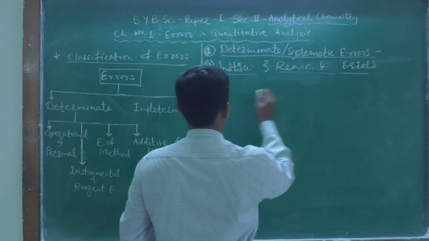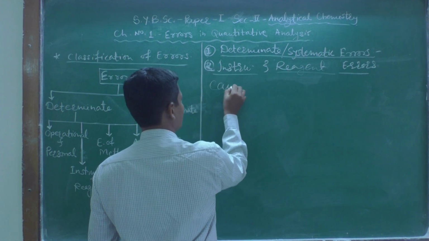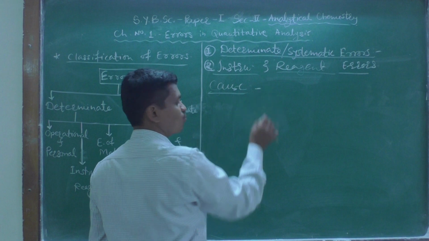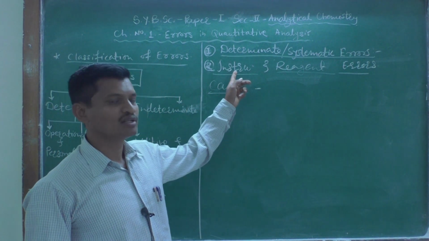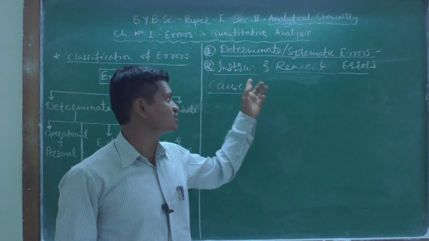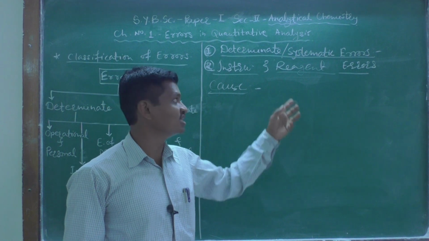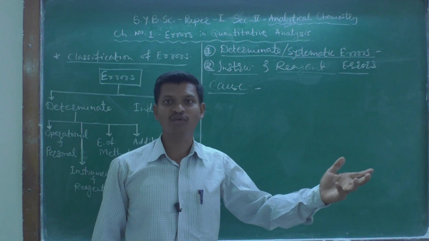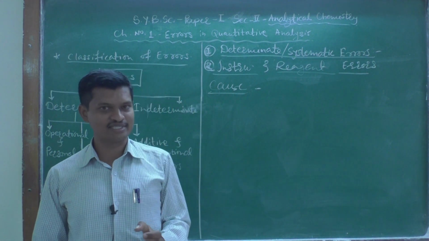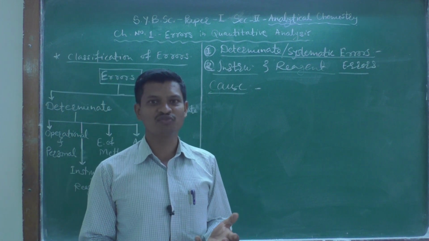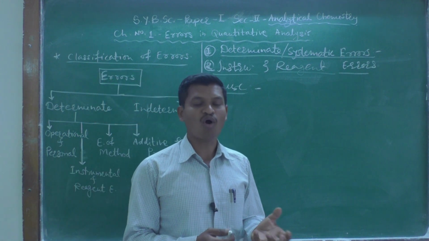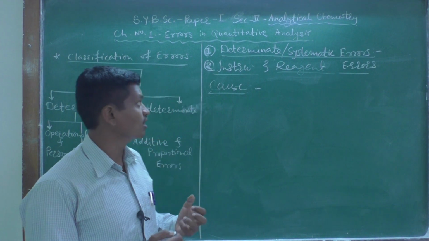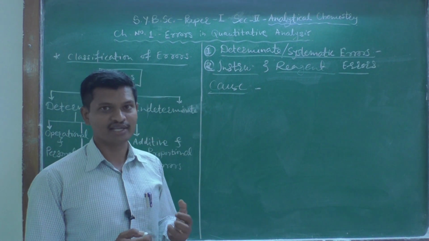So again, what will be the cause of this error? Some problems in the instrument, or some problems in the reagent or solvent that we are using for that particular analysis. This is the main cause of occurrence of such errors in the analysis.